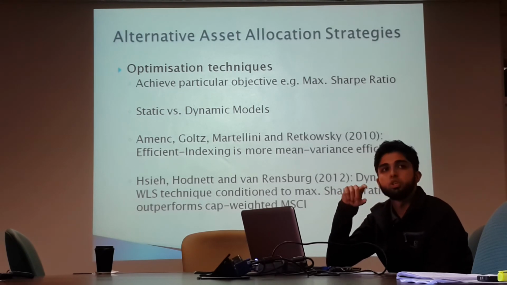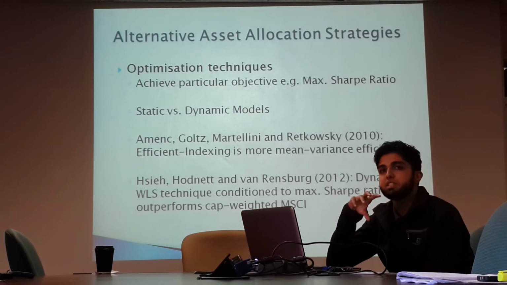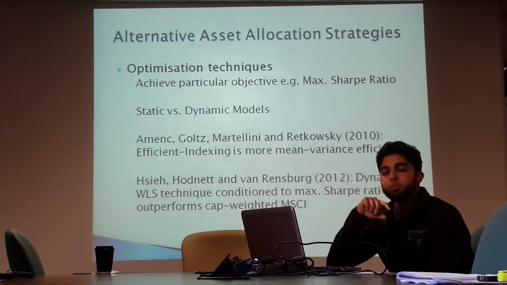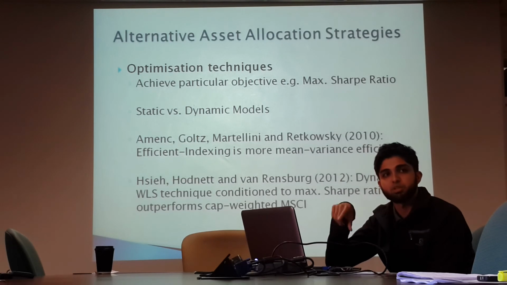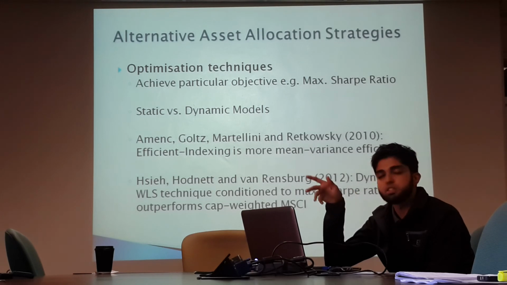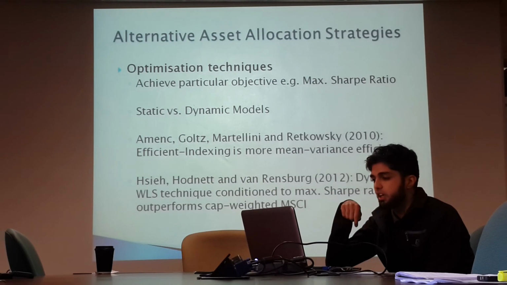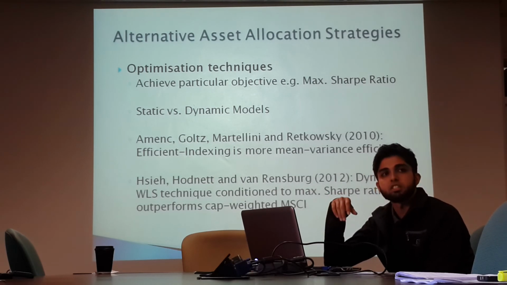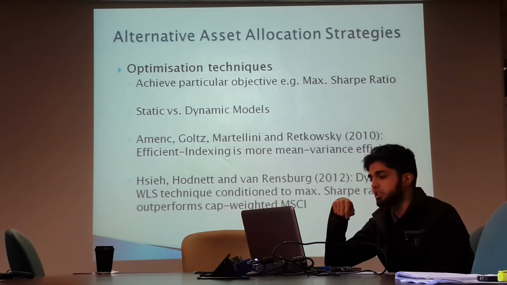So they use a 2-year period in order to identify the optimal weights to allocate to each asset, and based on the weights over the past 2 years, the weights that maximize the Sharpe ratio, they apply those weights into the next period. And they find that the strategy provides higher, more mean variance efficient portfolios than the alternative cap weighted indices. Based on the results, they coined the strategy the efficient indexing technique.